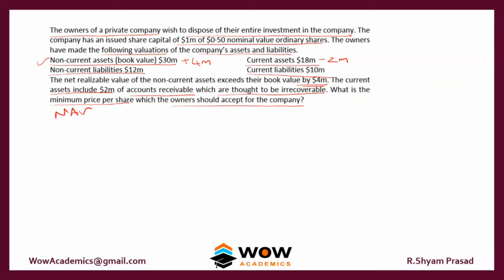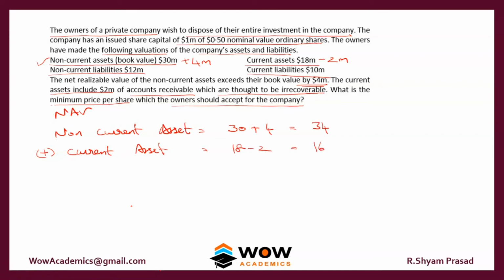So we'll start from this problem. The non-current asset value is 30 million plus the 4, so that comes to 34 million. Then we'll add the current asset. The current asset comes to 18 million. From there we can deduct the 2 million which is not realizable, so that comes to 16.